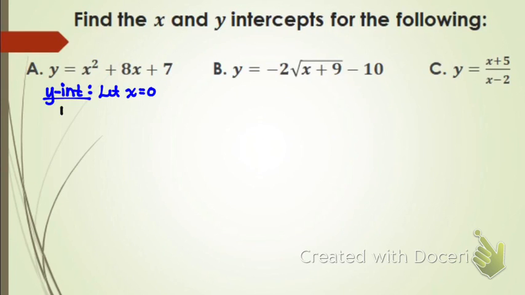So I'm going to leave the y alone and replace x with 0. I have 0 squared plus 8 times 0 plus 7. How does this simplify? Just 7, so y equals 7. So my y-intercept would be (0, 7).